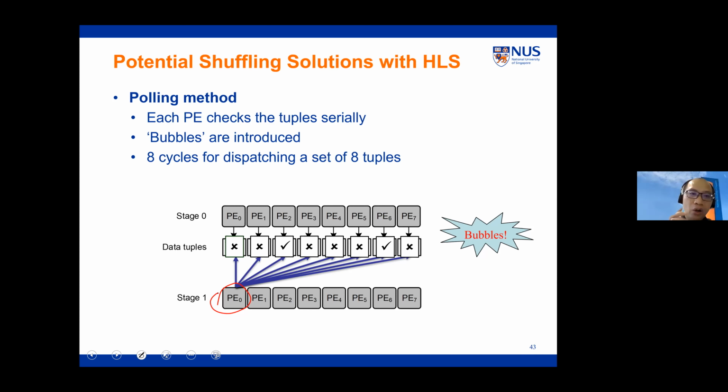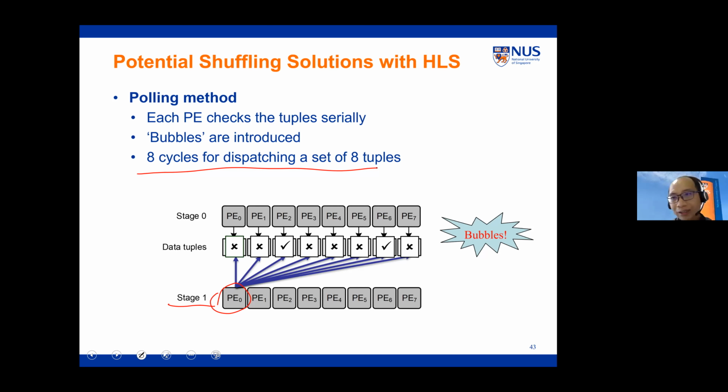Although polling can be done in parallel, each PE in stage 1 needs to poll the 8 upstream PEs. So ideally you will pay 8 cycles, because you need to poll 8 times here. But we want to achieve 1 cycle for 1 tuple. So 8 cycles is really a lot. And as the number of PEs increases, that will increase a lot also.